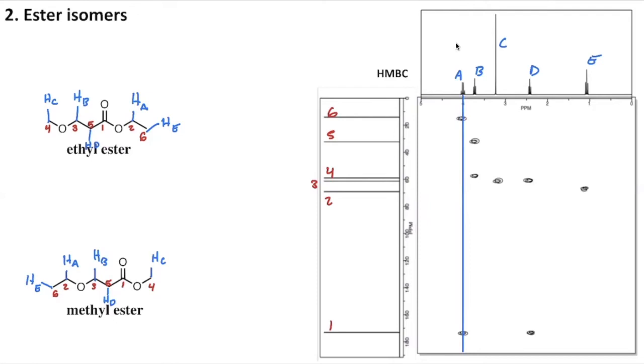Since there are usually only 1-to-1 correlations in your HSQC, it's a little bit less critical to do that. But you can see that how I've lined up the line under peak A, it seems like A correlates to two different things in our HMBC. So it's best to just draw a nice long line so that you don't miss out on any of those correlations.